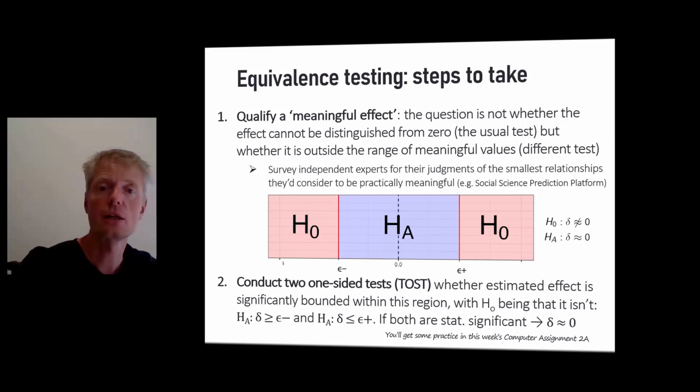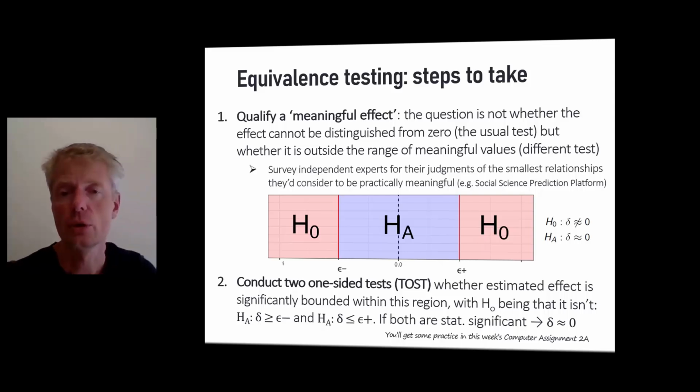here H0. So in that case, you cannot conclude that you really find that the treatment effect is close to 0. Now, there's a way of going about this. That's step 2. So you conduct two one-sided tests.